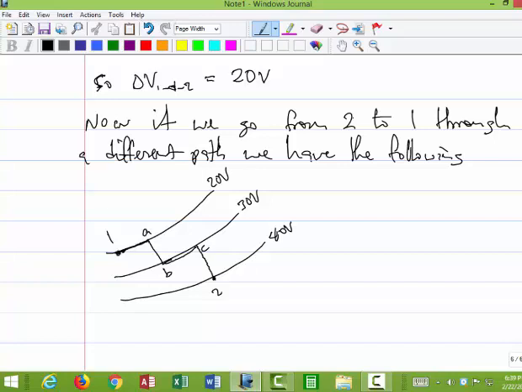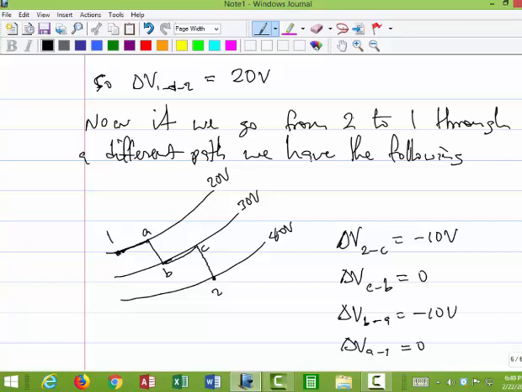This point is 1. So going from 2 to C, delta V is equal to minus 10 volts. Delta V from C to B is equal to 0. Delta V from B to A is equal to minus 10 volts. And delta V from A to 1 is equal to 0.